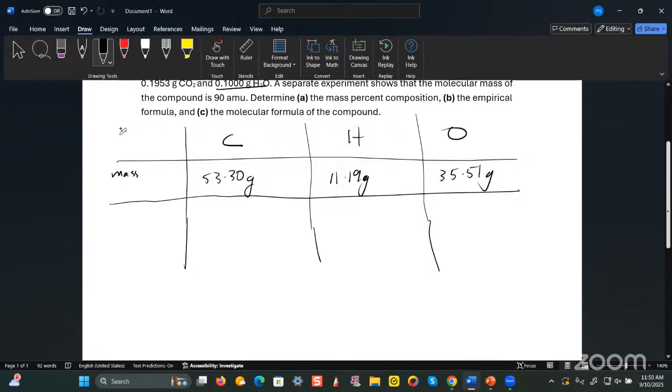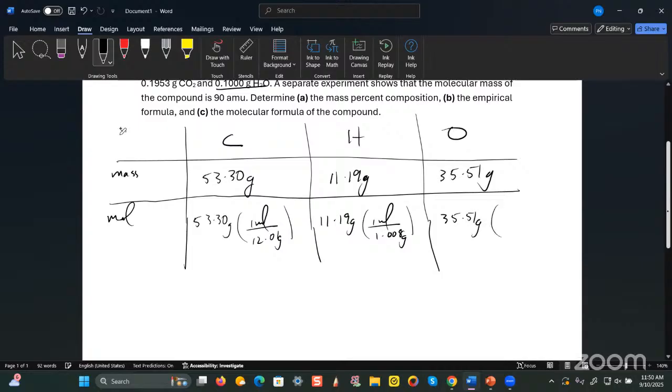The moles, exactly. So, we're going to take the 53.30 grams, multiply by 1 mole over 12.01 grams. In the case of the hydrogen, it's 11.19 grams, multiplied by 1 mole over 1.008 grams. And finally, in the case of oxygen, it's 35.51 grams, multiplied by 1 mole over the molar mass, which is 16.00 grams.